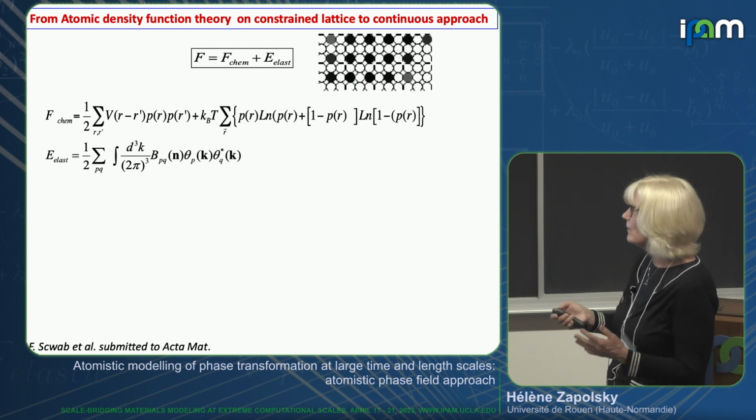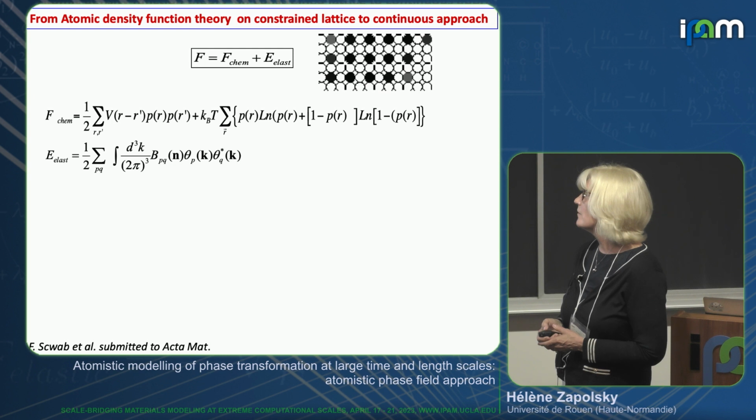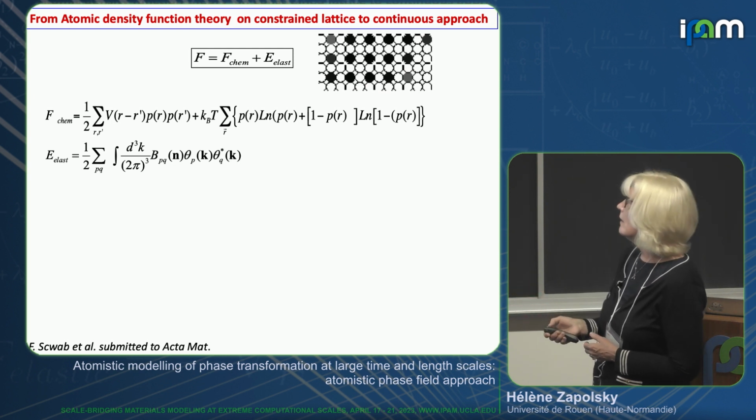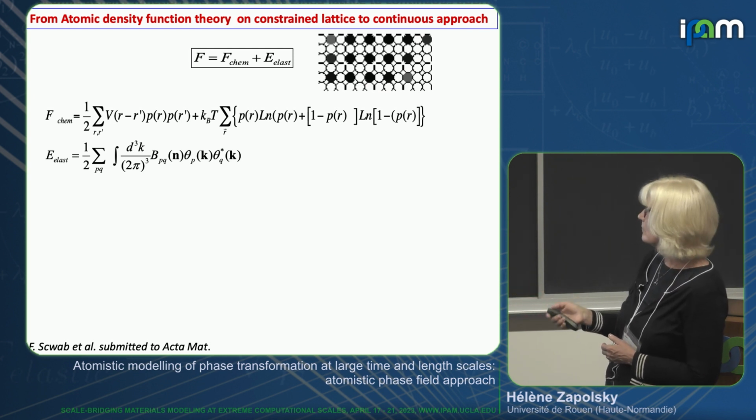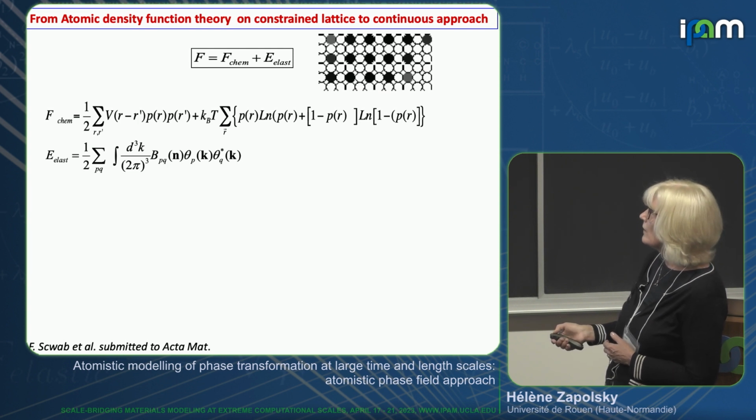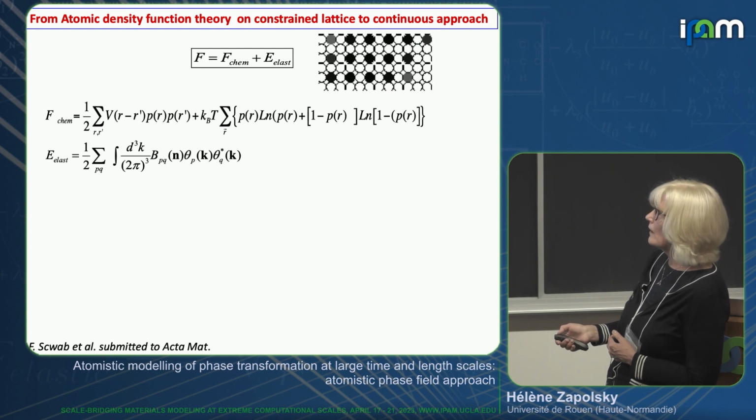The second way to develop this phase field atomistic approach is to start with the notion of the probability function, and the chemical free energy can be written in this case using the mean field approximation. We have this pair interaction between the probabilities P(r) and P(r'), and the entropy term.